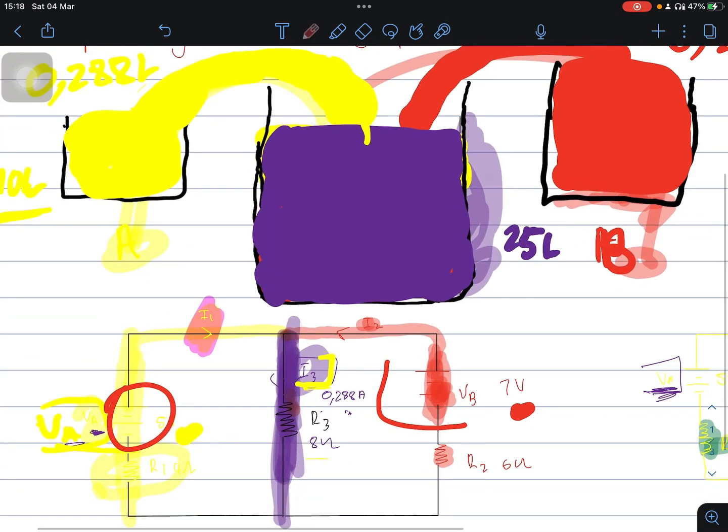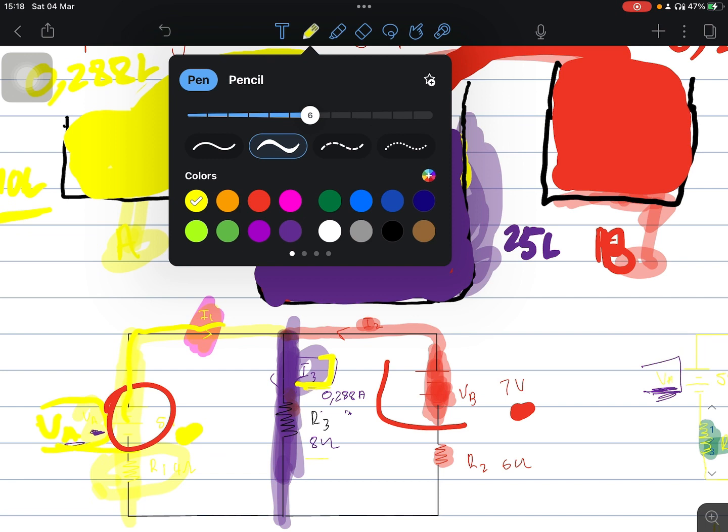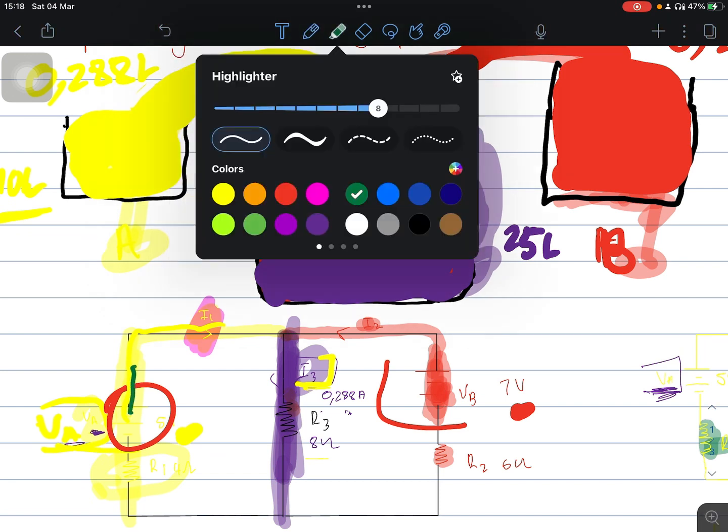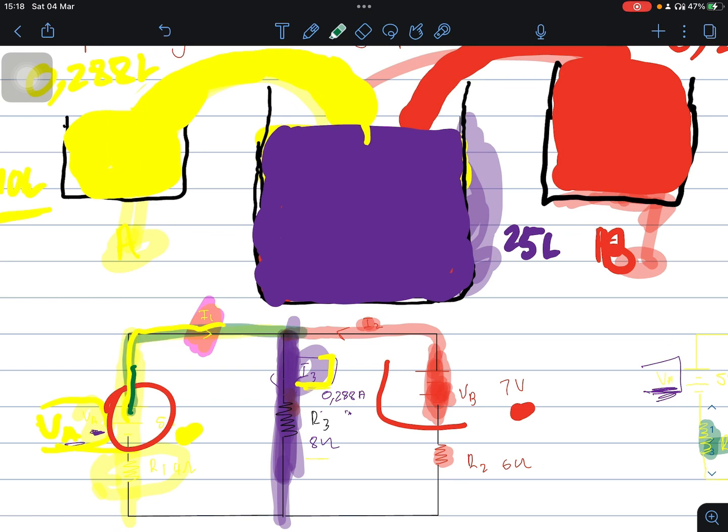The current from this source flows and comes to this junction, and the current from the other source also flows to this junction. They combine and flow in the same direction.